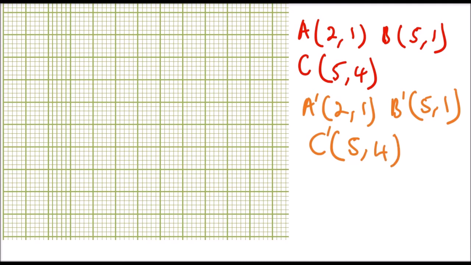We are going to use this to plot the two figures. We can see all the values are positive, so we have 0, 1, 2, 3, 4, 5, 6 on our x-axis, and 1, 2, 3, 4, 5, 6 on our y-axis.